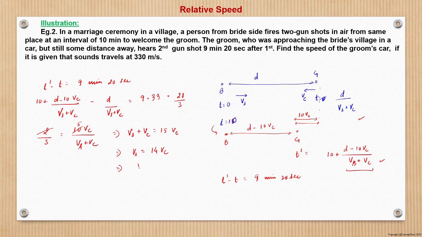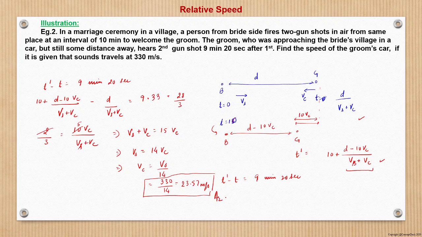So velocity of car is velocity of sound upon 14, that means 330 upon 14. So this we will solve, what it comes, 330 upon 14, this is 23.57 meter per second. And this is the answer to this question.